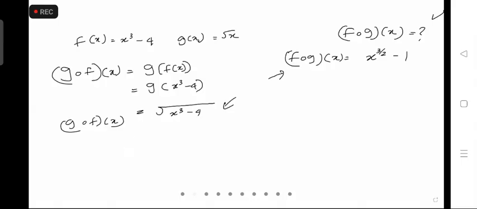Okay, that is extra. Let's take another example. You can get the idea. So let's take three functions. Fx equal to x, x equal 1. Gx equal to, a little different, one over x.